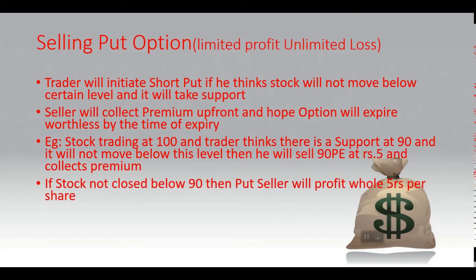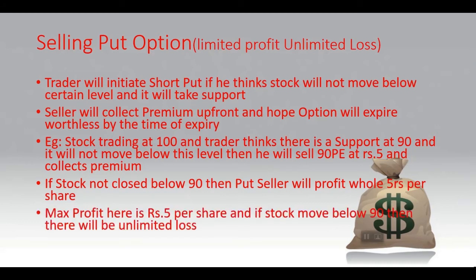Even if the stock is trading at 91 or 90, he will be getting the whole 5 rupees as a profit. Okay, so max profit here is rupees 5, but in some case due to some uncertainty, if the stock breaches its support level and starts moving downside, for every 1 rupee move there will be a 1 rupee loss.